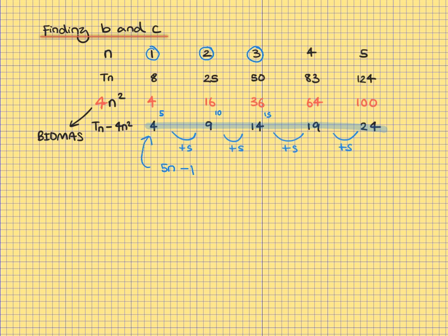So the overall nth term puts together all of these pieces, and it is 4n squared plus 5n minus 1. So we combine this piece here of the jigsaw and this piece here as well. And you did several examples of this in the last lesson.